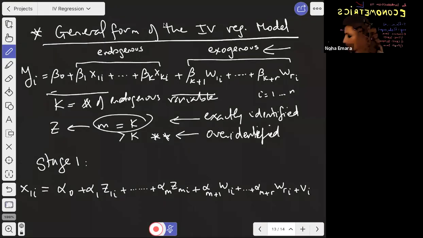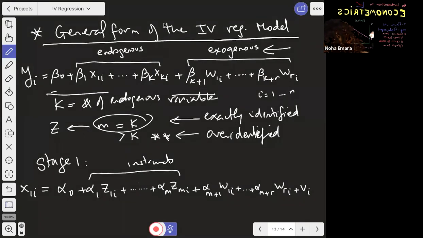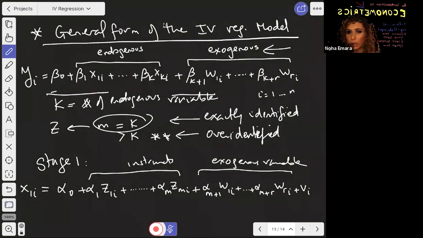So the idea is we're going to regress the first endogenous variable on the set of instruments that are used for all the x's and the set of exogenous variables. Why am I using the exogenous variables in this regression? Because I want to extract the good part of x, the exogenous part of x.